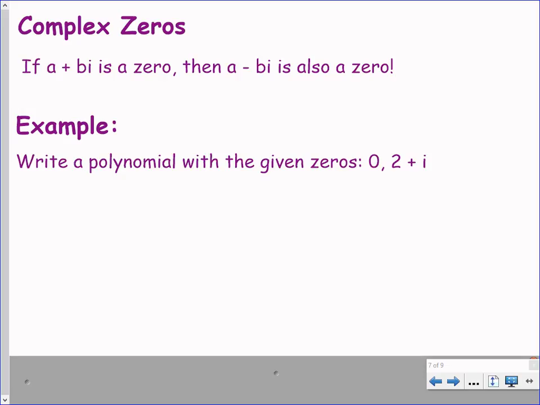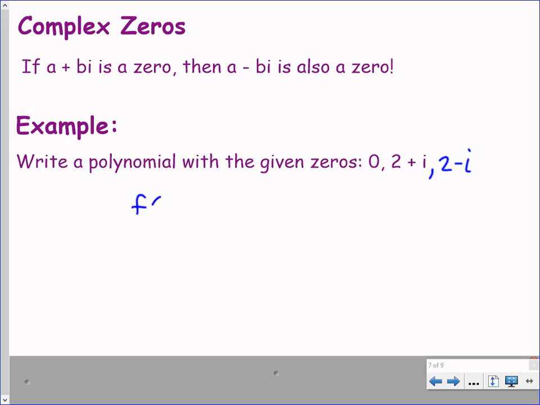No. The other 0 must be 2 minus i. So always remember, if I only list one imaginary solution, you can say that the other one must be a 0. So if I have 3 zeros, when I write my polynomial, it's going to be what degree? A degree of 3 at least. Okay, assuming these all have multiplicity of 1.